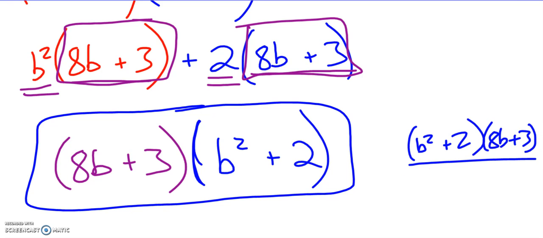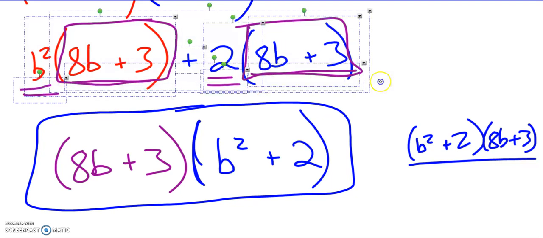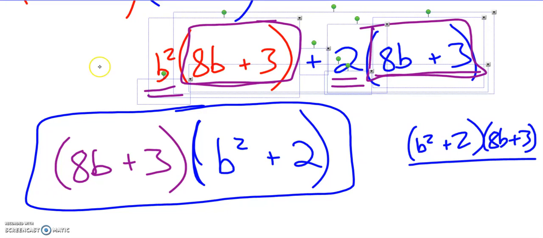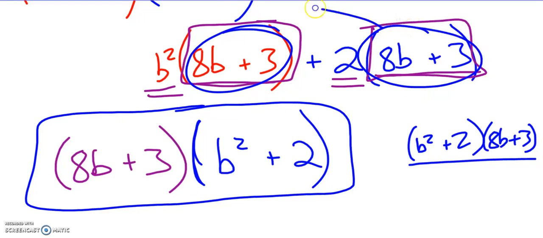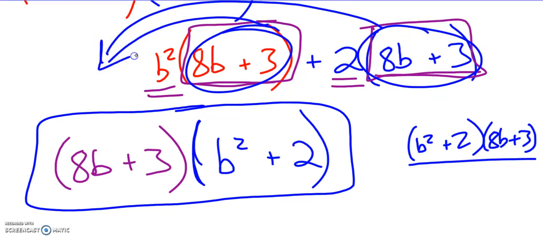But basically what we did here is, and this is the little confusing part, and it's harder to see this on computer versus when I'm showing it in class, which I will. You will have seen this already, remember. I took the 8b plus 3's and I took those out, and we were left with b to the second plus 2.